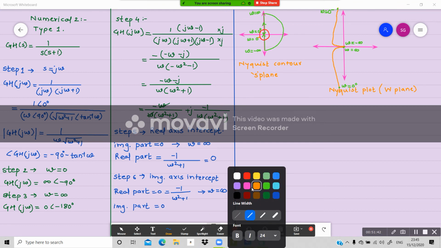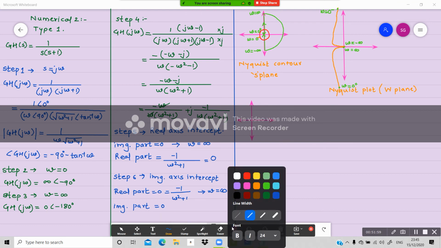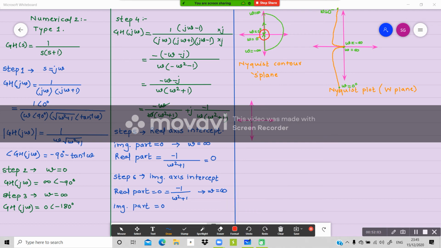What we are going to do is exclude this pole.